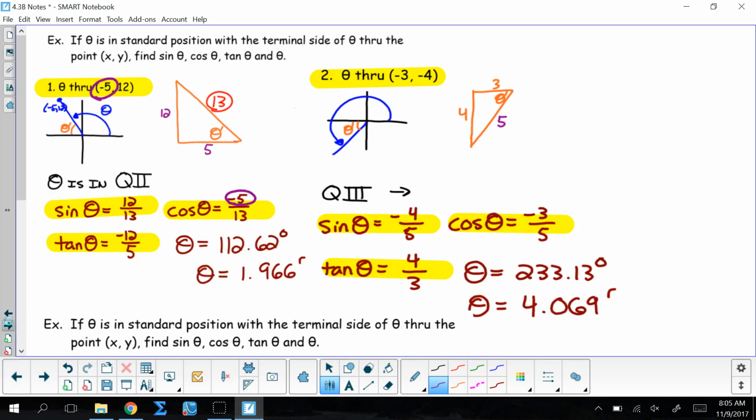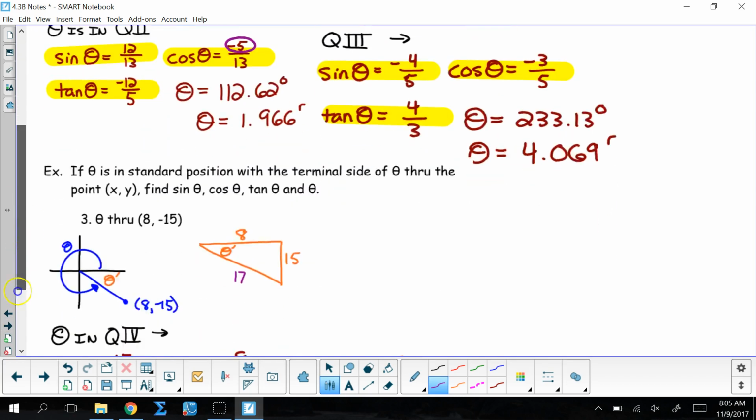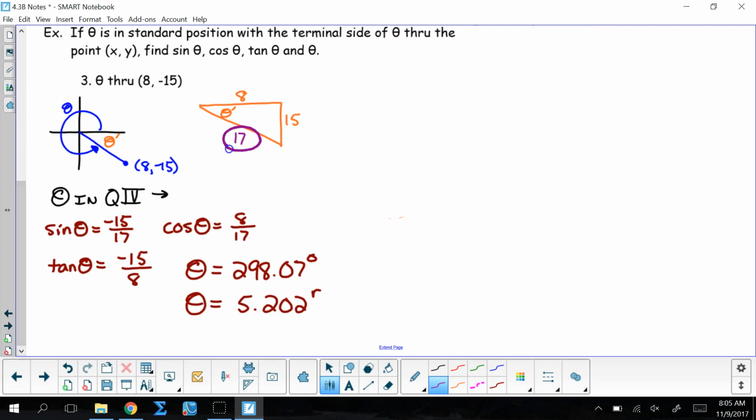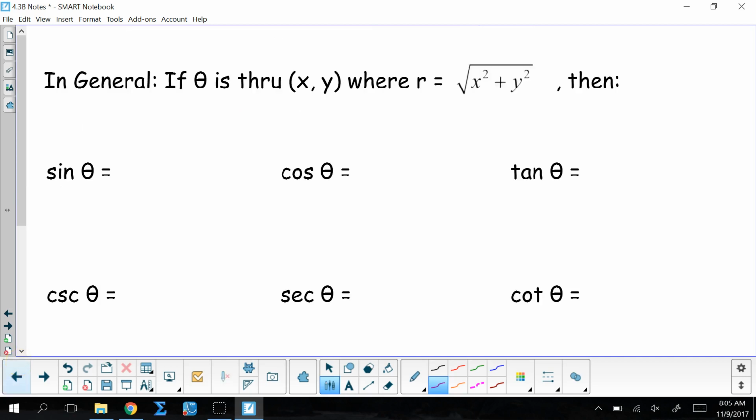We found the hypotenuse first, right? Okay? And we use the Pythagorean theorem to do that. If that's what we're going to do, then the sine of theta is y over r.